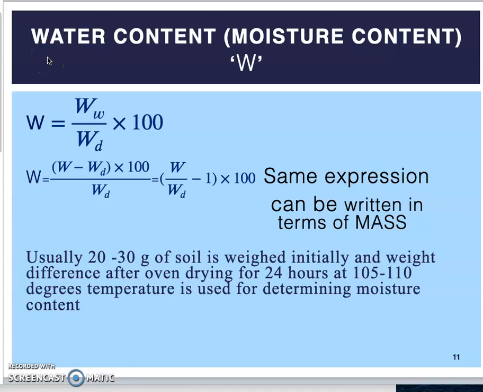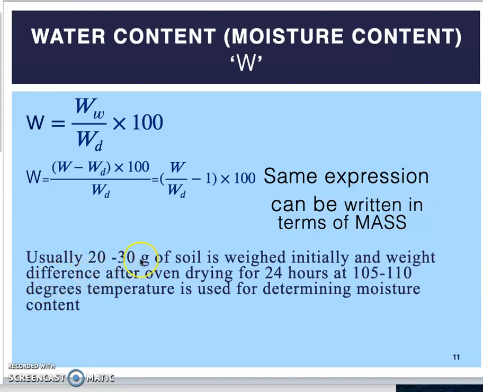Water content is given by weight of water divided by dry weight of soil particles. Practically, how this weight of water is determined is, usually we take a few spoons of soil sample.